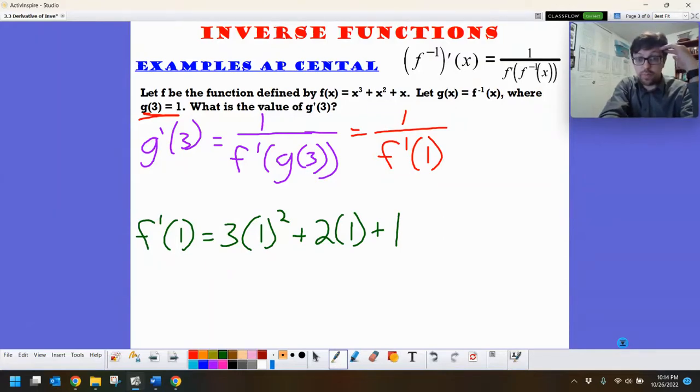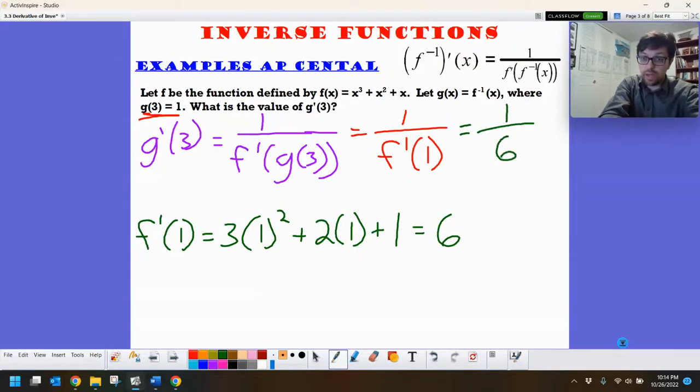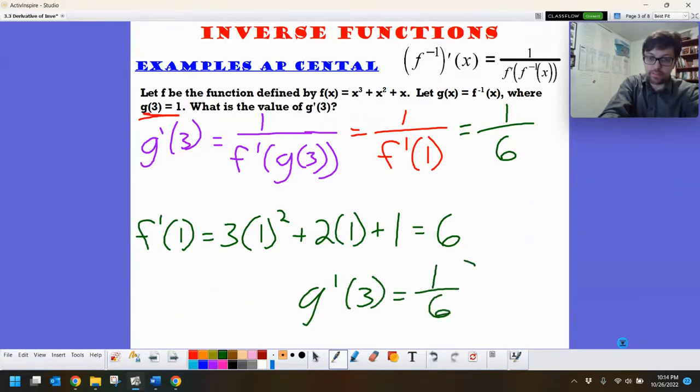So that is 3 plus 2 plus 1, that is 6. So the value of f prime of 1 is going to be 6. So that is 1/6. g prime of 3 is 1/6.